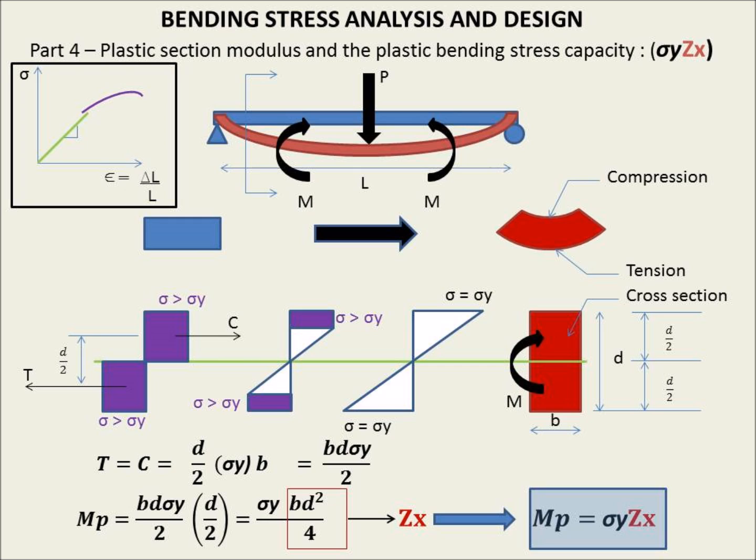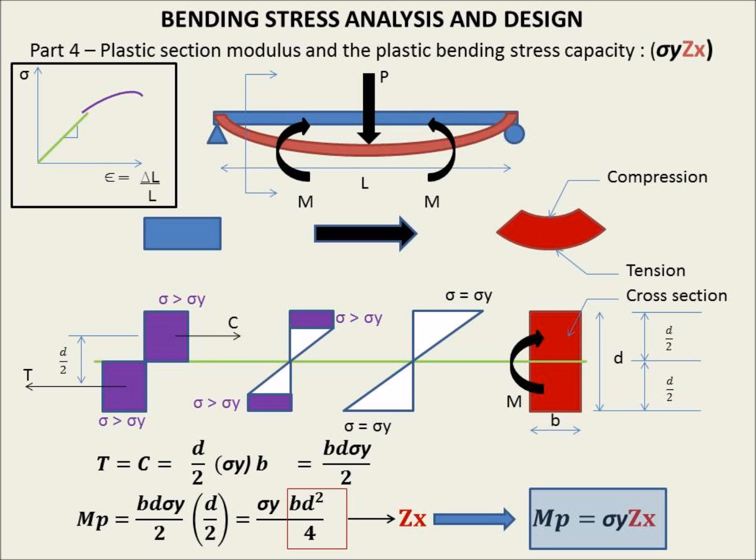Now we can go further and say that the plastic moment, the amount of moment you require to yield the entire cross section, is equal, in general, to the yield stress multiplied by Zx. And Zx in this case for a rectangular cross section is B D squared over 4.